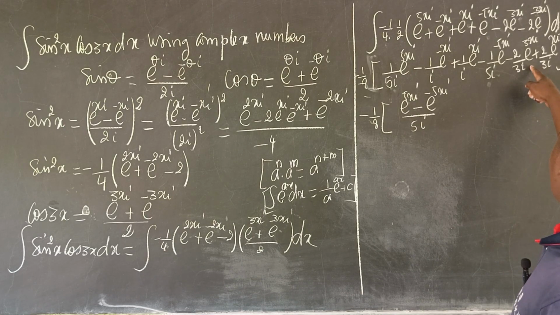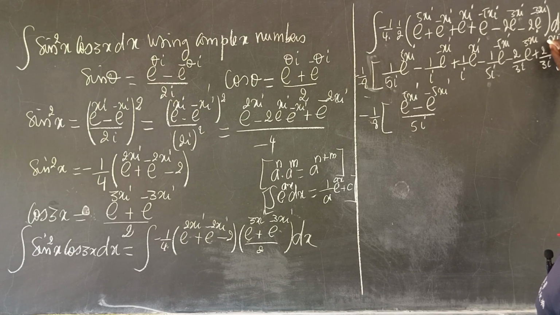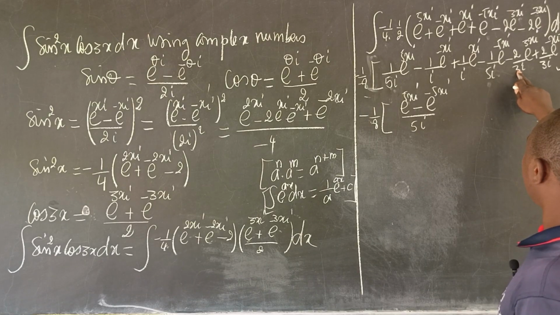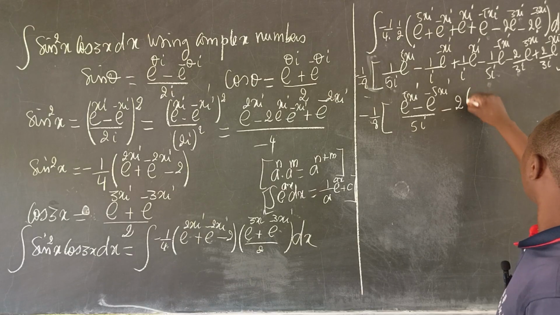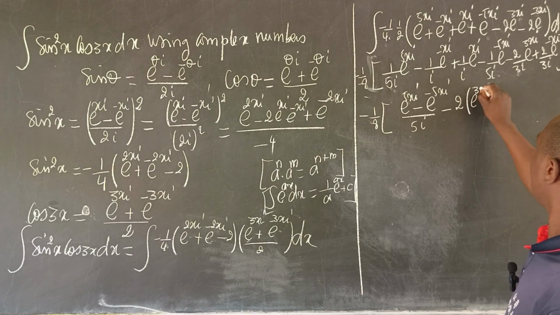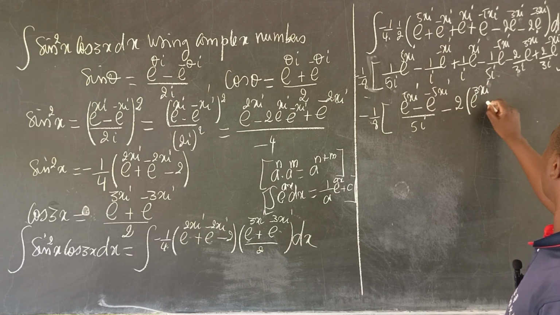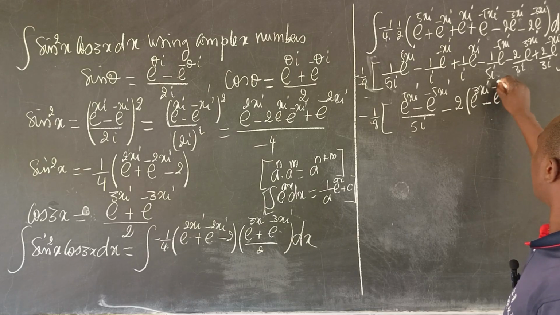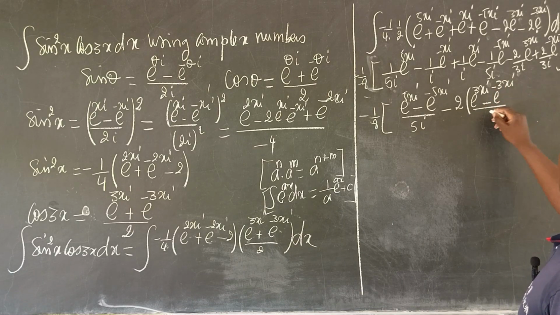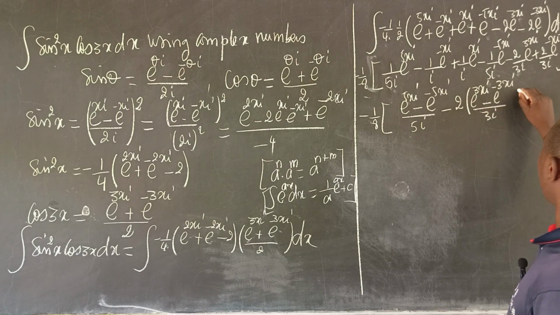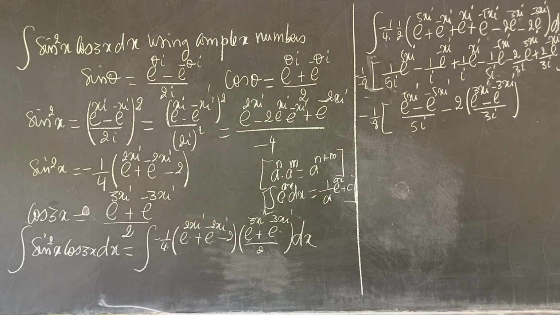Let's start with minus 2 into exponential of 3xi minus exponential of minus 3xi over 3i. We'll remain with this and this.